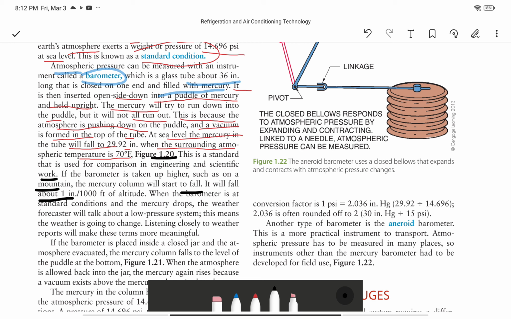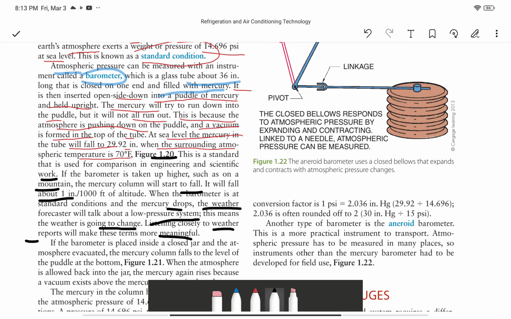When the barometer is below standard condition, the mercury drops. The weather forecast will talk about low pressure system. This means that weather is going to change. Listening closely to the weather reports will make this term more meaningful.